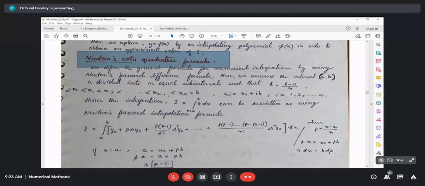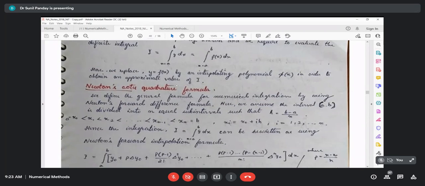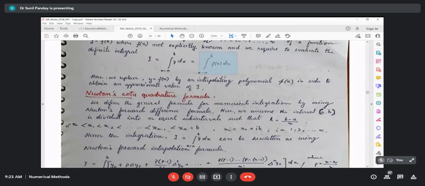So how will we use this? Suppose we have to calculate this definite integral from a to b of f(x) dx, or sometimes I write y equals f(x). The first job is to divide this interval a to b into n equally spaced intervals and n plus 1 data points.